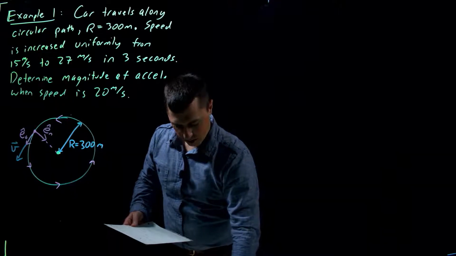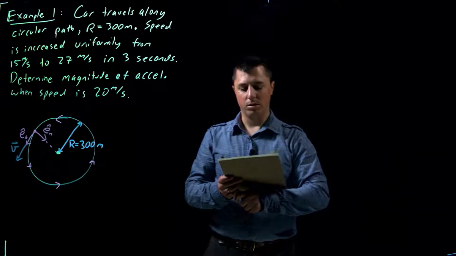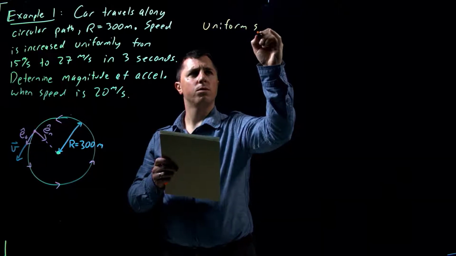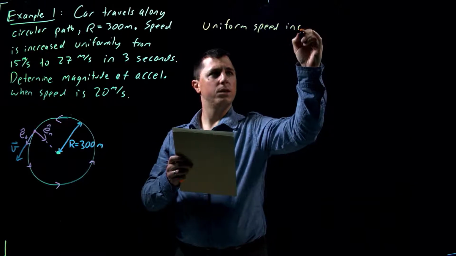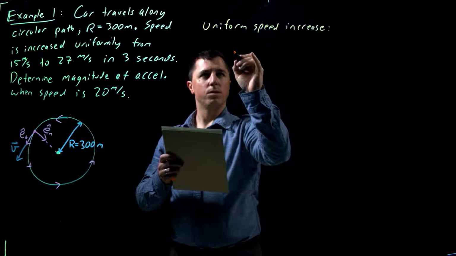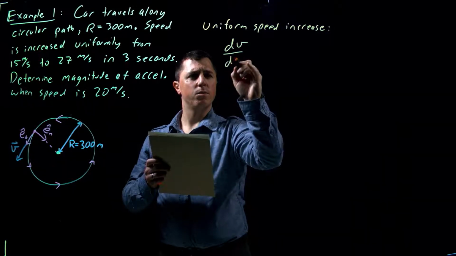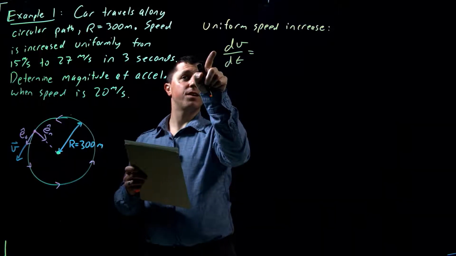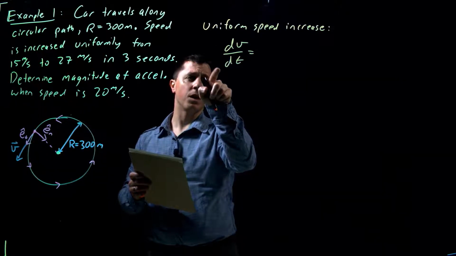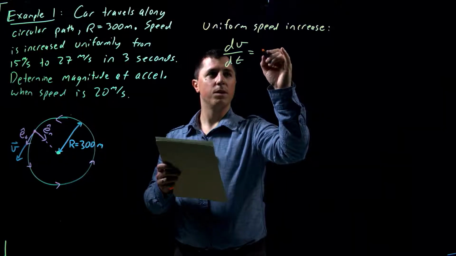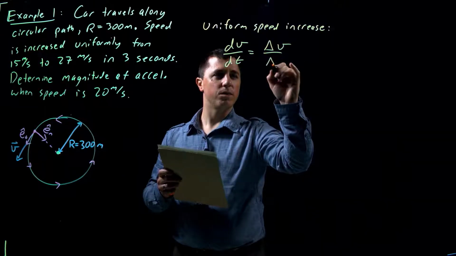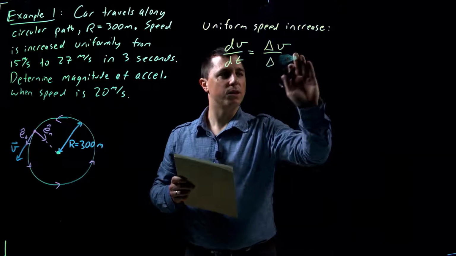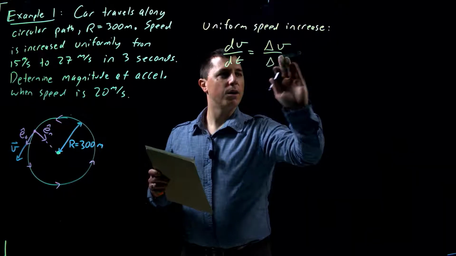Okay, so with a uniform speed increase, what we are given is that the derivative of velocity with time, dv/dt, is a finite change in velocity due to a finite change in time.